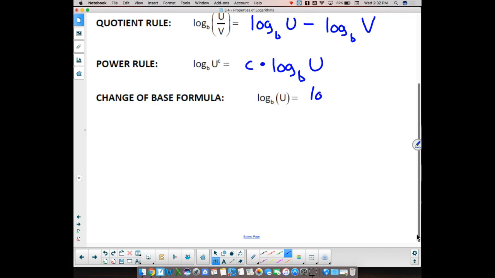So we can use a common log or we can use a natural log. But again, we'll deal with that towards the end of class.